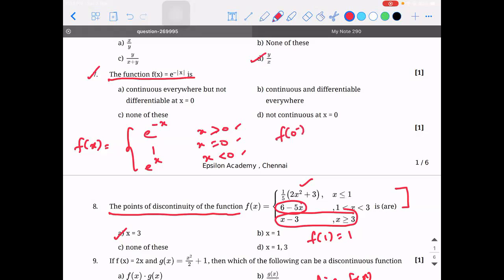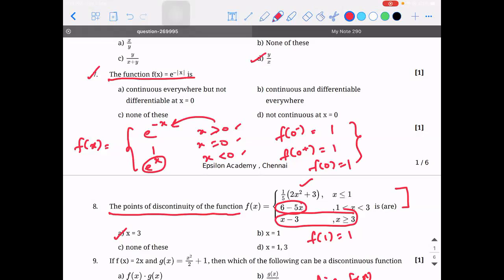So what is the left limit? Left limit is e power 0 minus h, you will get it as 1 only. The right limit is also 1. f of 0 is also 1. So all three are 1. So it is definitely continuous.